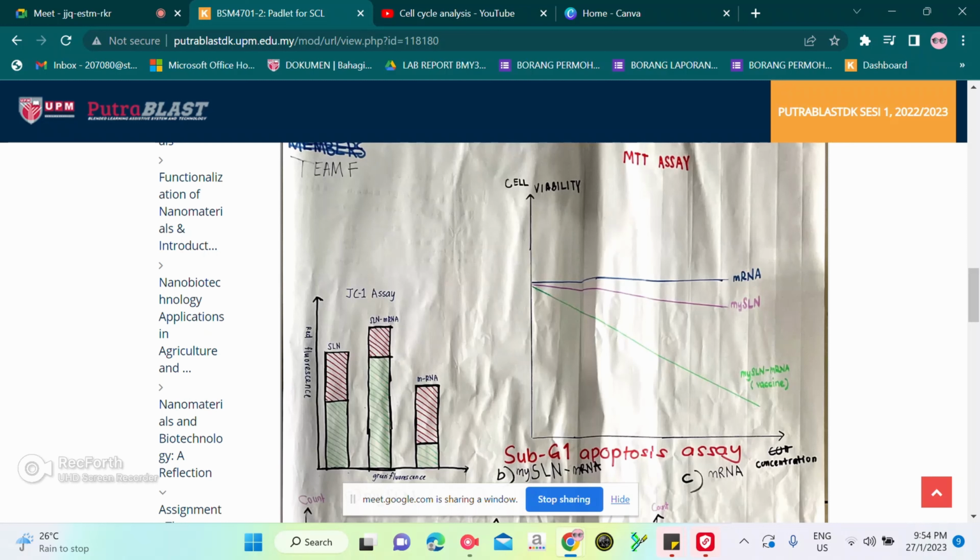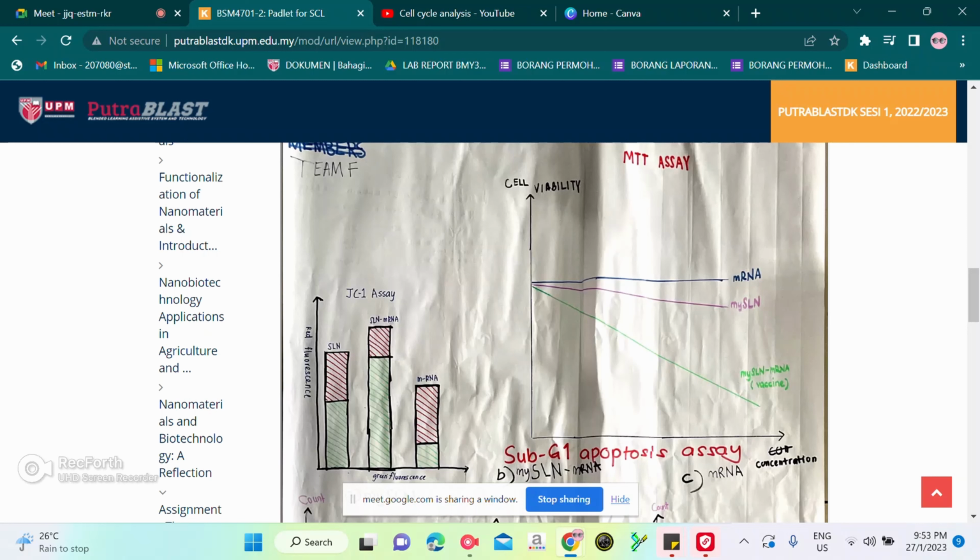The first graph refers to the concentration of the mRNA, shown in the blue line. Actually, the blue line is a straight line, but because of the paper itself, it looks like this. As the concentration of the mRNA increased from 50 to 500 millimolar, it did not change the cell viability, because the mRNA itself cannot affect cell apoptosis or cell viability.